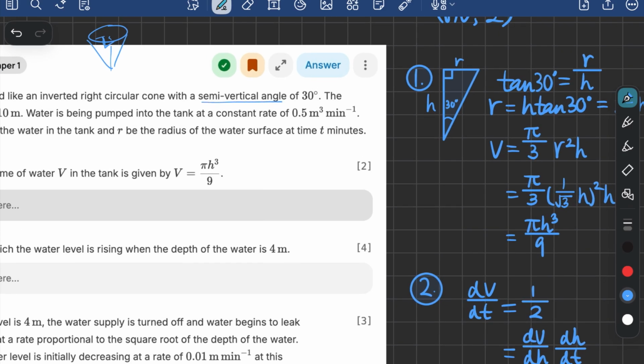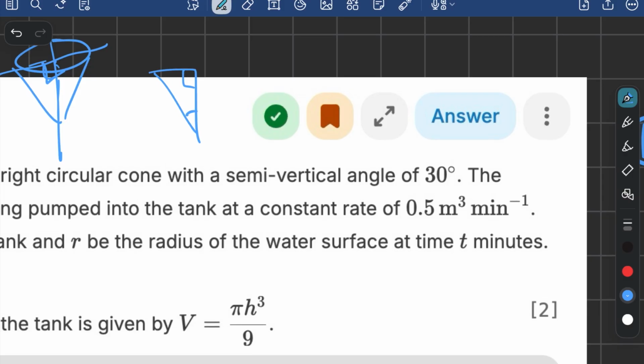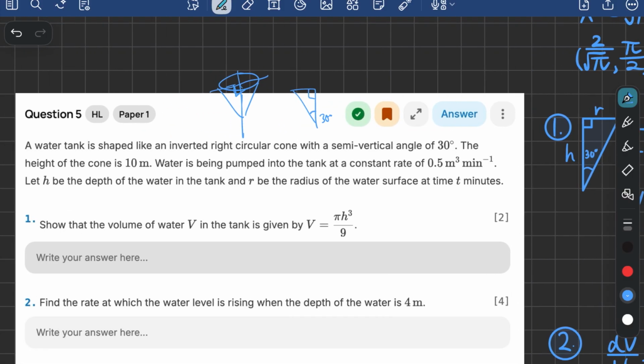Semi-vertical angle means if you cut it in half vertically, you have this right triangle, and this angle equals 30 degrees. And the height is the maximum height, which is 10 meters. And the water goes in at the rate of this. So dV/dt is given as 1/2.